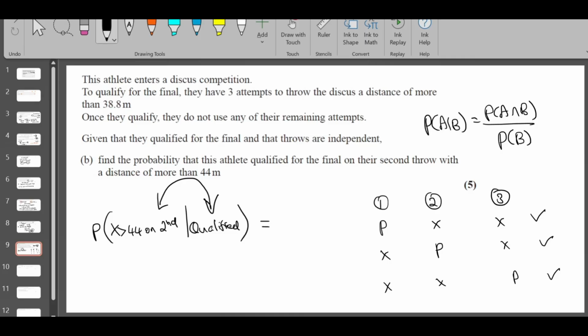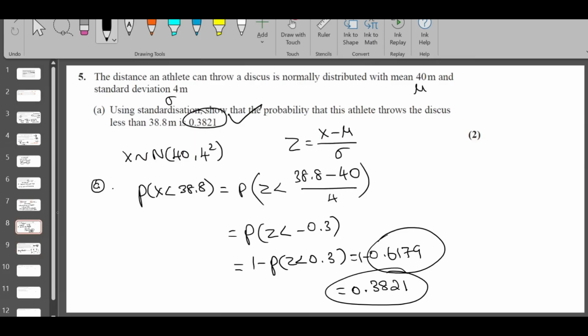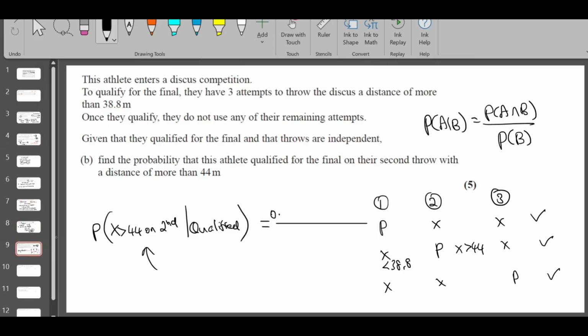So which one is intersecting with the second success? Second success is this, but instead of throwing more than 38.8, he is throwing more than 44. Okay. So in the first one he failed. That means he threw only less than 38.8, right? So the probability for that particular less than 38.8 is what we calculated here, 0.3821. 0.3821 times.